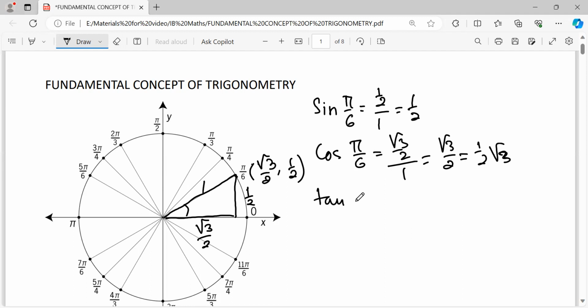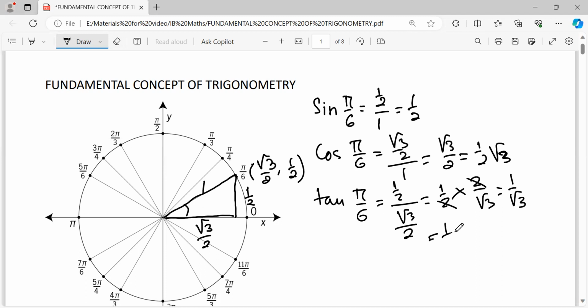Tangent pi over 6 equals half over square root 3 over 2. It's going to be half times 2 over square root 3, cancel, 1 over square root 3, or 1/3 square root 3.